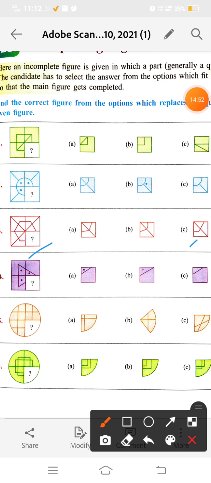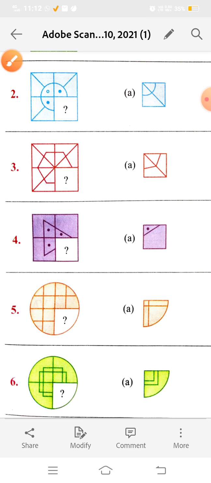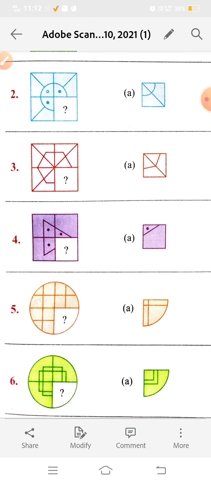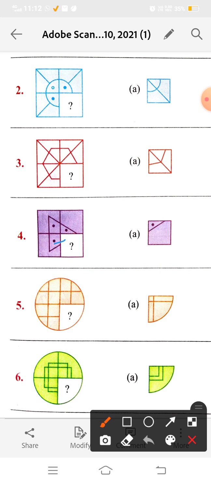Okay, now we have question 4. So let's find this part. Firstly we will complete this figure, then we can easily find out the answer. Okay, and give here a dot. So which figure?